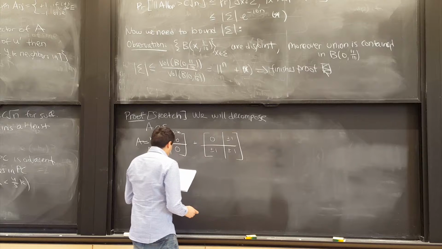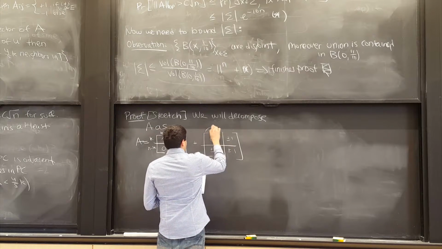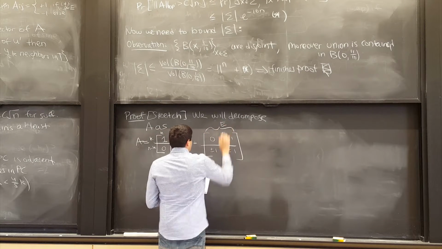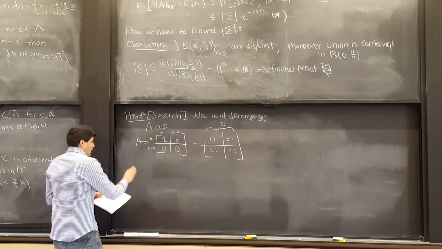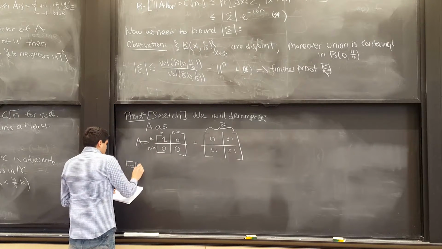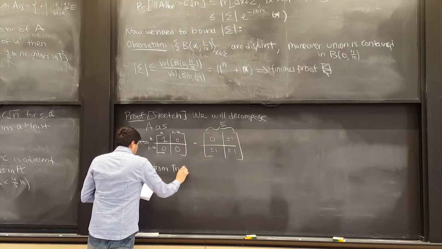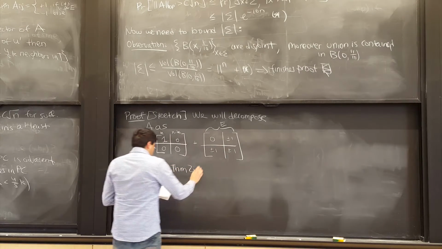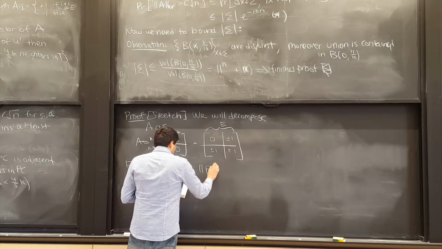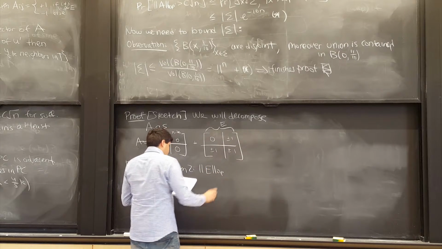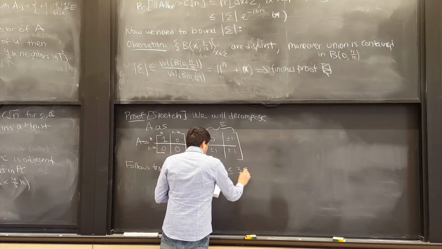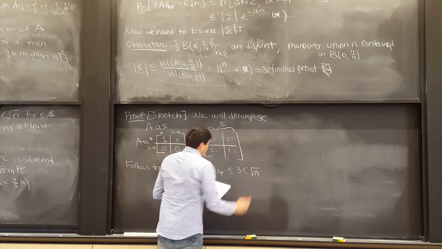So this matrix right here, I'm going to call this matrix E. What I claim is that it follows from theorem 2 that the operator norm of E, this error matrix, is at most, let's say, 3C times root n.